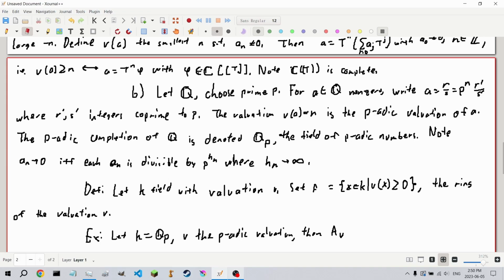It's supposed to be A sub V, where V is your valuation. For the p-adic numbers, the ring of our p-adic valuation is just the ring of p-adic integers, which we may have seen written like that. That's what I drew up above for p being equal to 3.